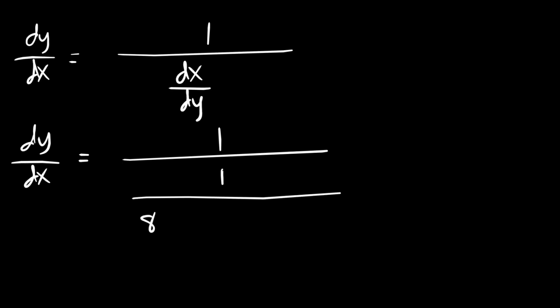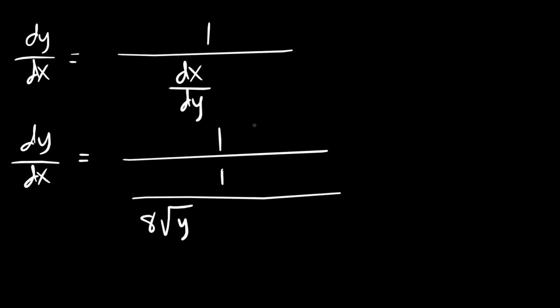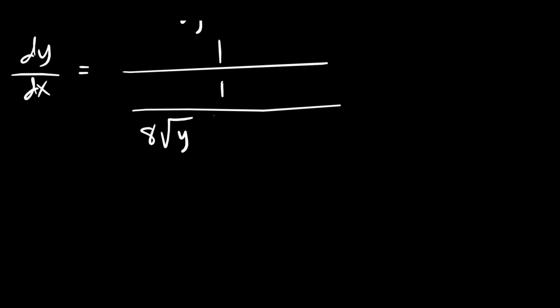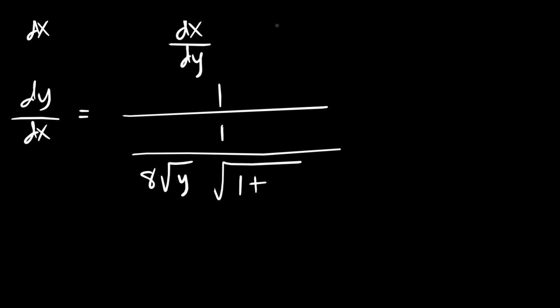So 8y raised to 1 half is just equal to the square root of y. So multiply by the square root of 1 plus, so just erase this, 1 plus square root of y.